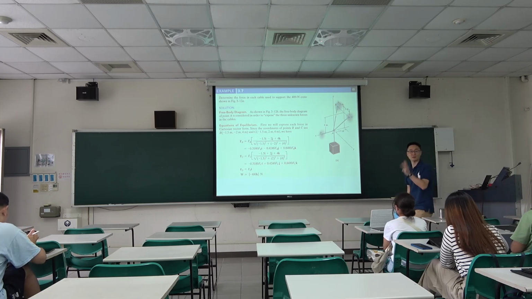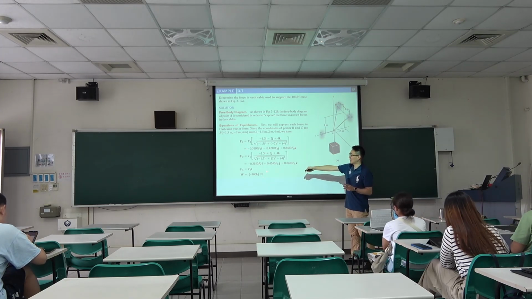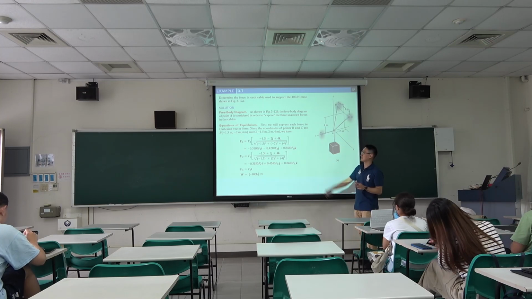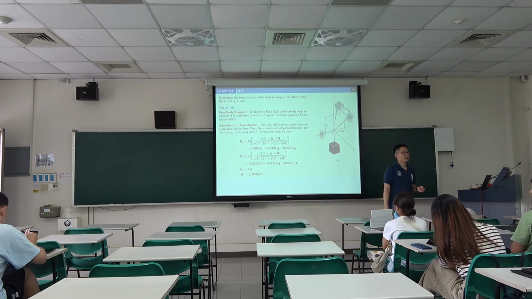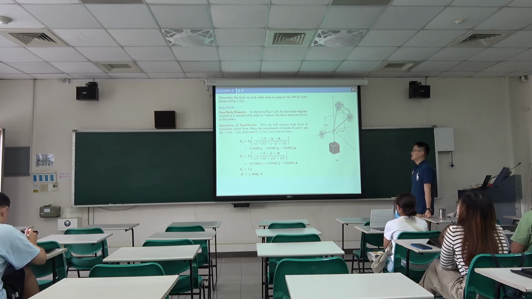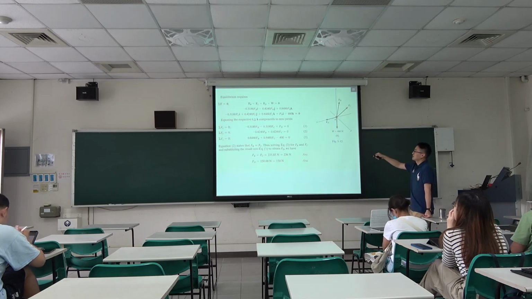So 3 unknown parameters. For x component, this one doesn't have x component, so the summation of them equals 0. Then for y component, summation equals 0, and z component, summation equals 0.